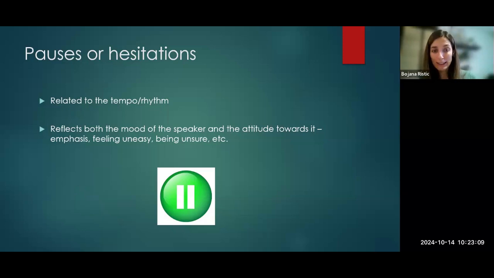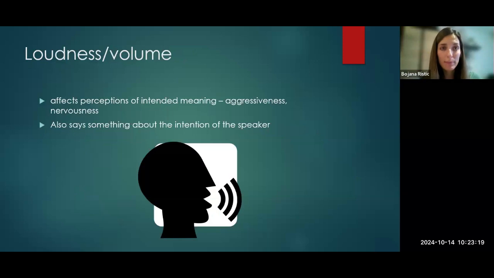This is why I'm making pauses. Again, as we see, the combination of the rhythm and tempo with the pauses and hesitation is reflective of the attitude of the speaker.